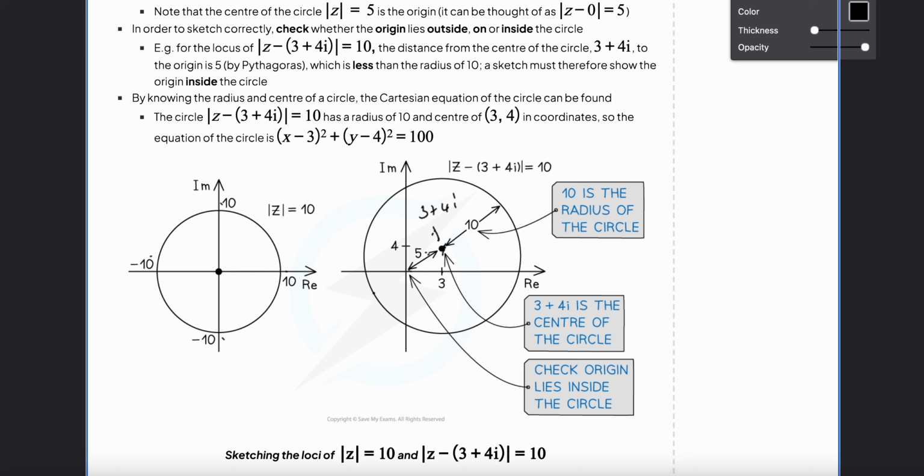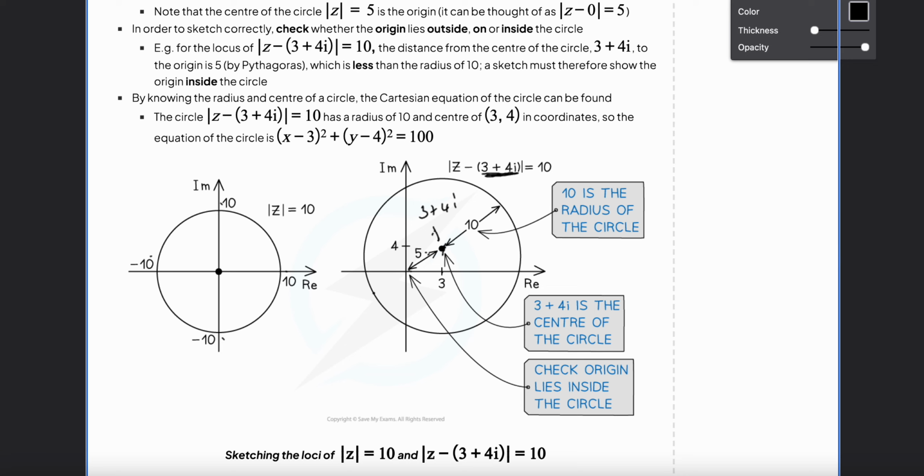To simplify this, you apply the Pythagoras theorem on your center: the square root of 3 squared plus 4 squared, which is the square root of 25, and then I get 5.